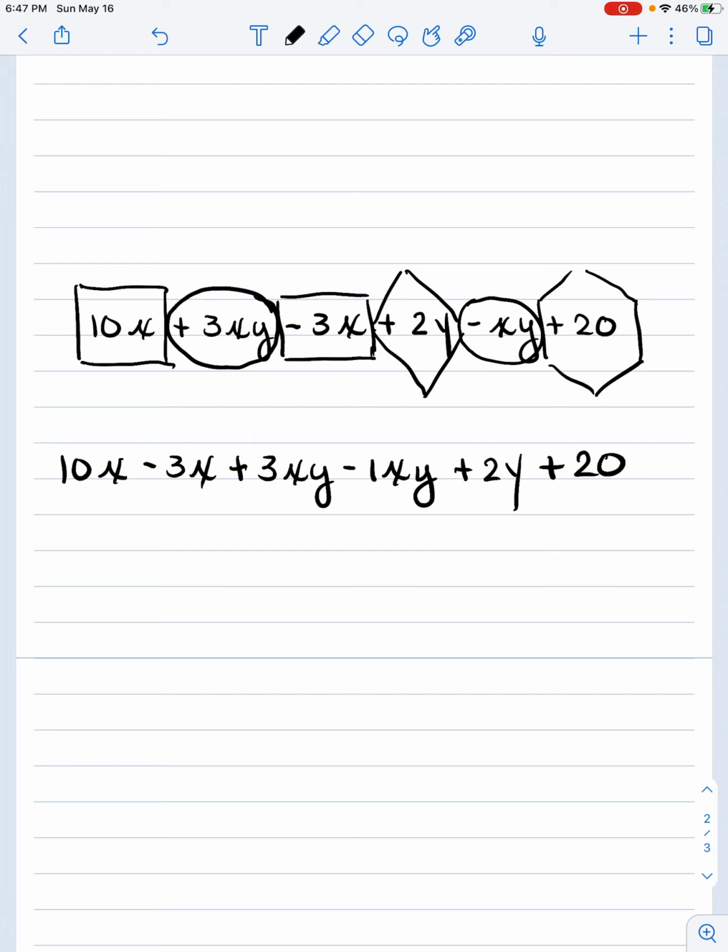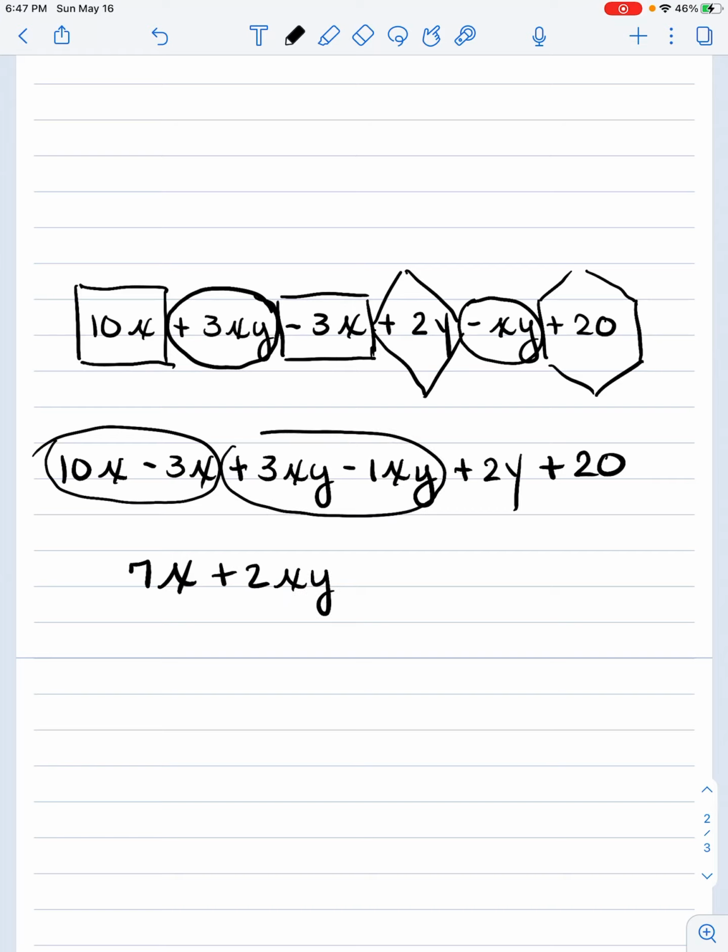Collect the x terms together. Let's see, we have 10x minus 3x is 7x plus 3xy minus 1xy would be plus 2xy, right? If I add 3 and then I take away 1, that's going to be a net gain of 2xy.